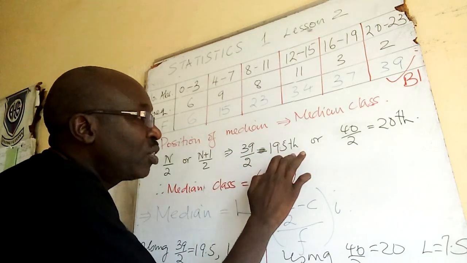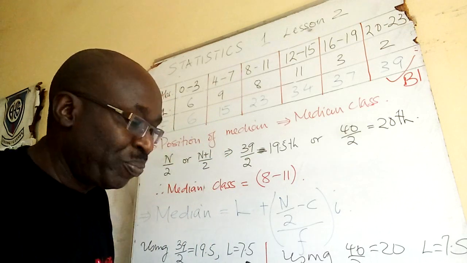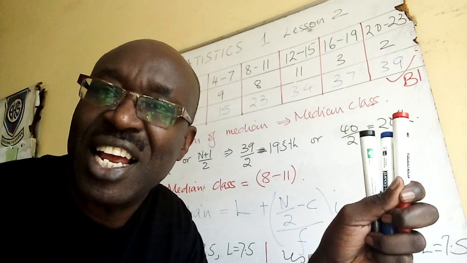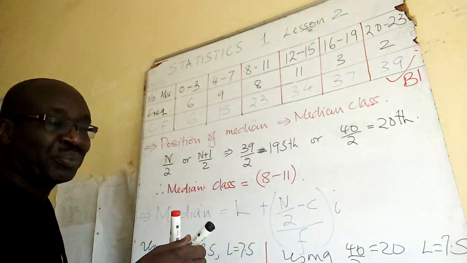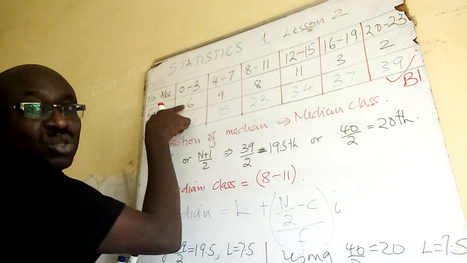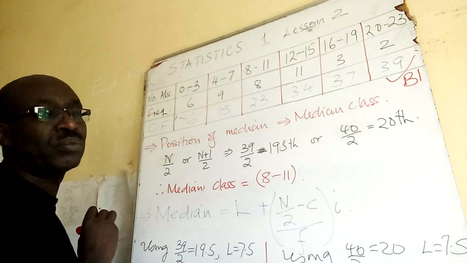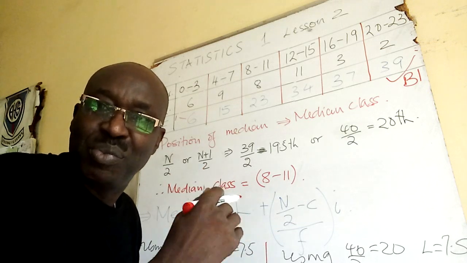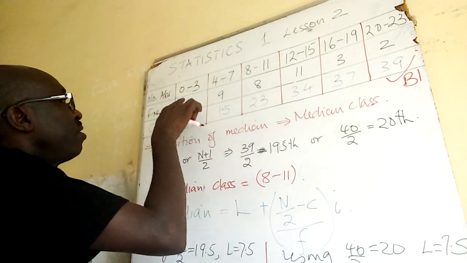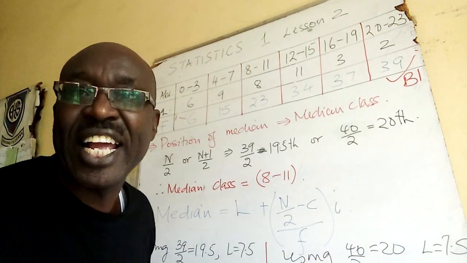Now, whether this or that, the median class remains the same. But I want to give you a bit of a tip. Cumulative frequency is arrangement in ascending order. See how it goes. In this class, we are told there were 6 students. So they will occupy position 1 up to 6. Second class, how many are they? 9.